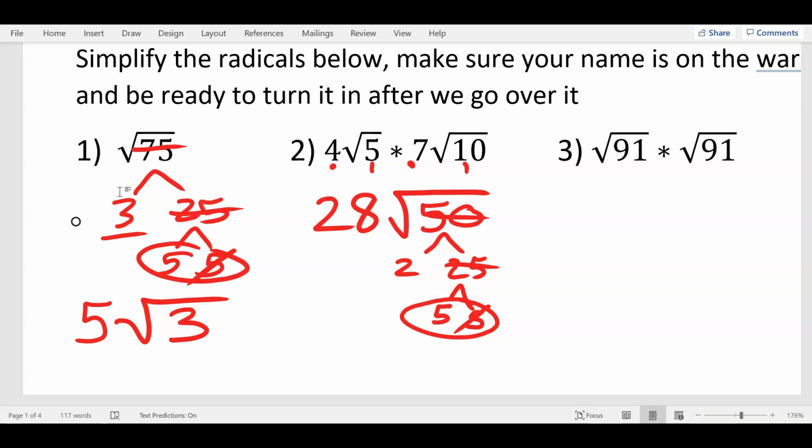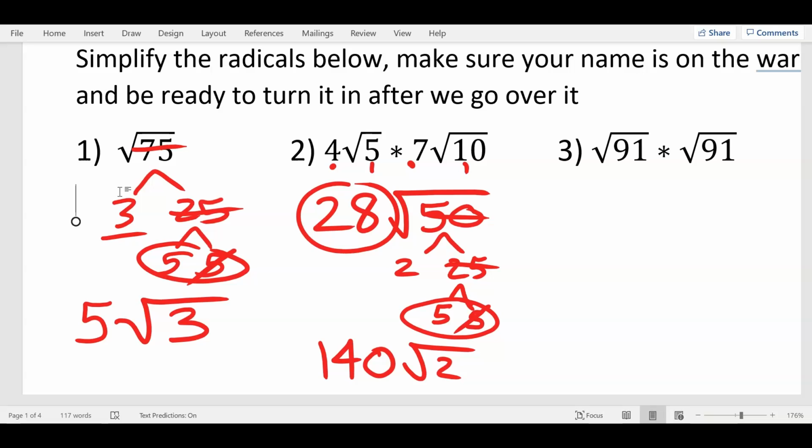It's like a pair outside already. So the 28 is already outside. The pair of 5 is going outside. So what do I do with 28 and 5? Multiply. 28 times 5 is 140, if you didn't know that. Square root, and what's my loner? 2. Okay? So again, 28 square root of 50 is okay, but 140 square root of 2 is better. You want to break it down if you can.